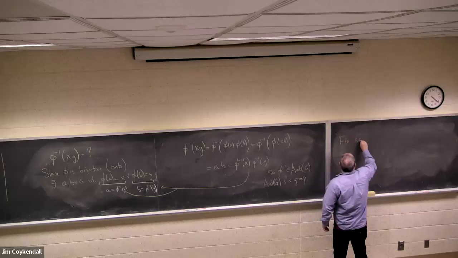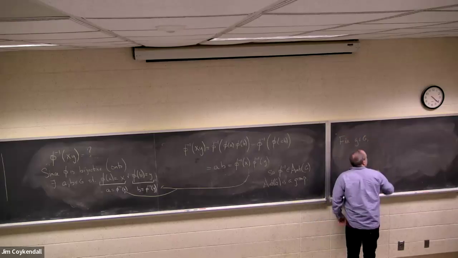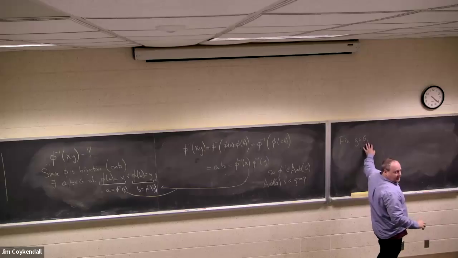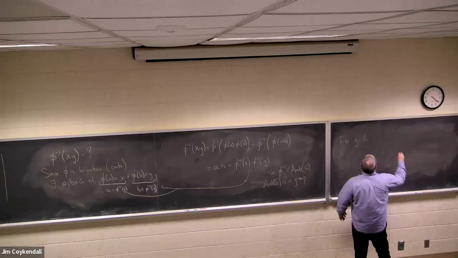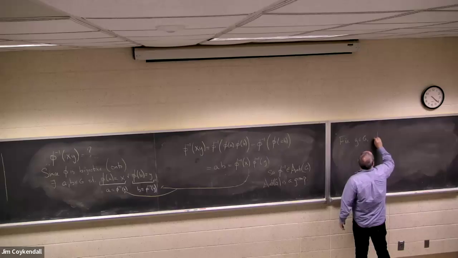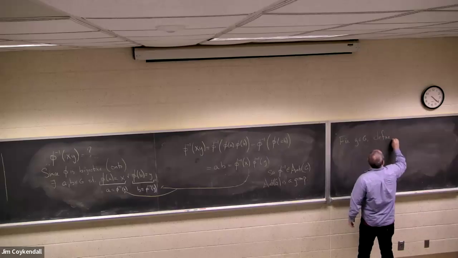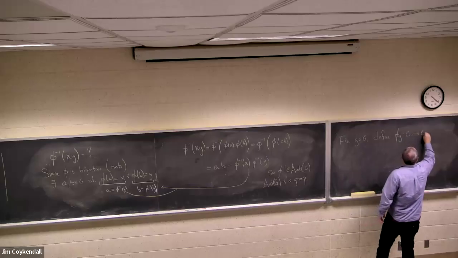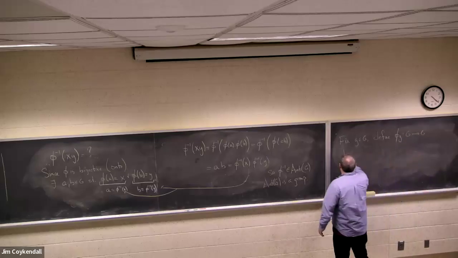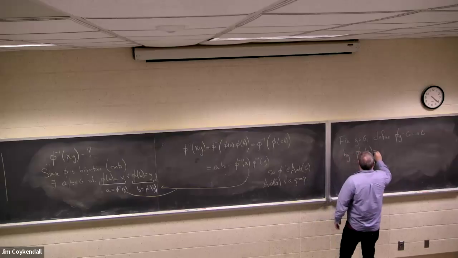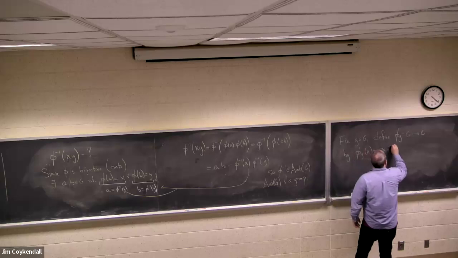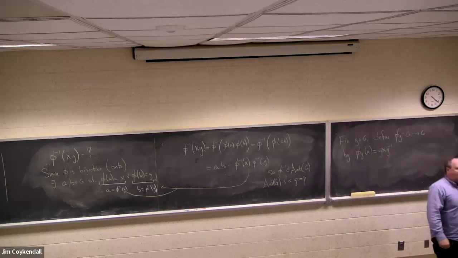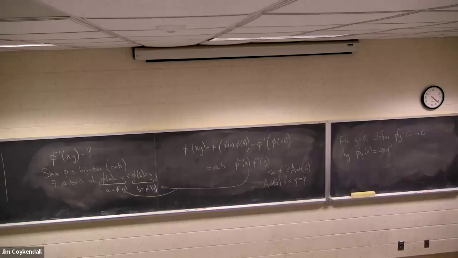Take some G in G. So G will always be the same thing as I progress through this exercise. Define phi G from G to G, phi G of x is g x g inverse. And I believe the problem says prove that this animal is an automorphism.